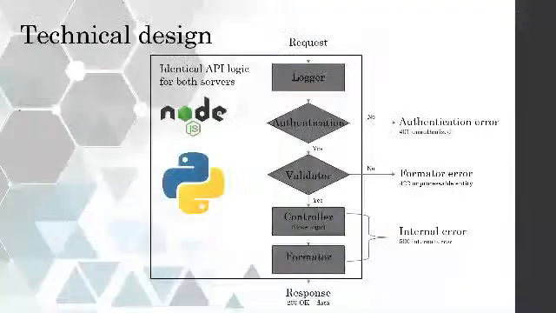A little part about the technical design. We have two APIs, but the same logic for both. First the request comes in, and we have a custom logger to log from which route it comes and with which data.